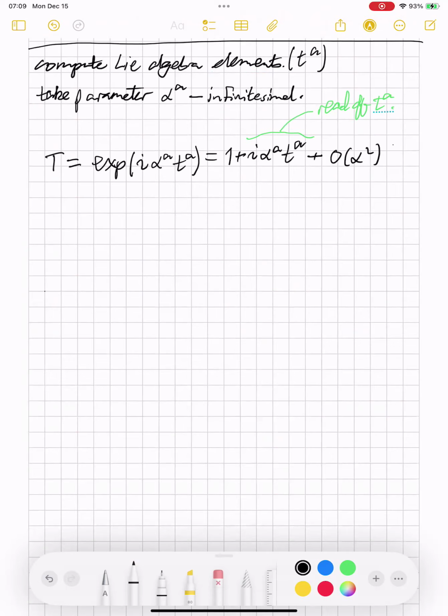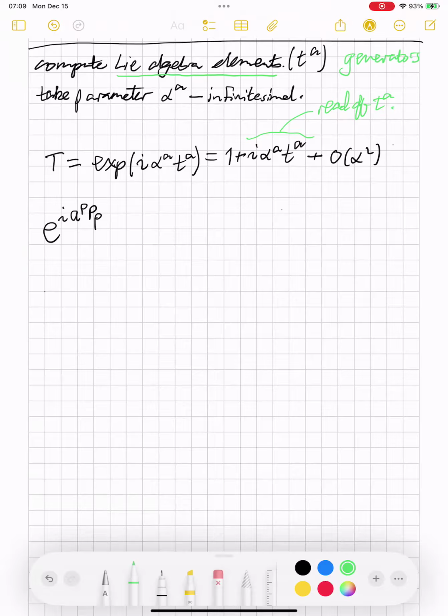So we've got e to the i, a^rho P_rho. So I've just called P_rho my generator. Okay. So we're trying to calculate the elements of our Lie algebra. Another name for this is our generators.